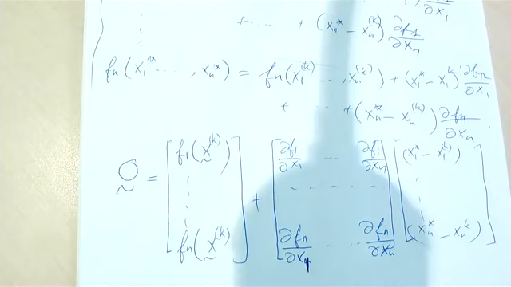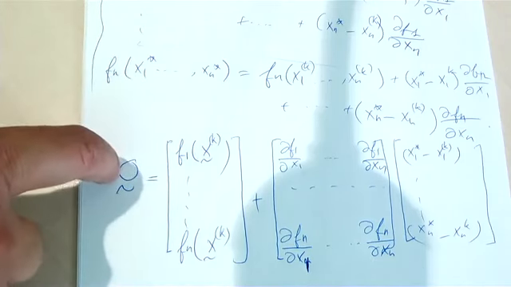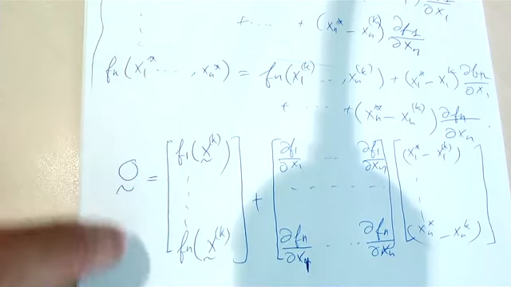Okay. So that is exactly the next slide. The next slide I have written in terms of matrix multiplication. See that the right hand side is 0, so 0, 0 here. And then I have f of xk.